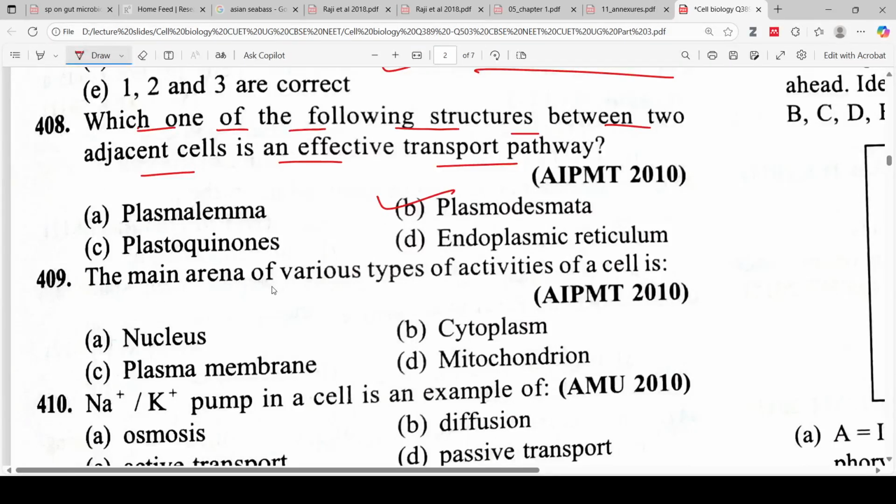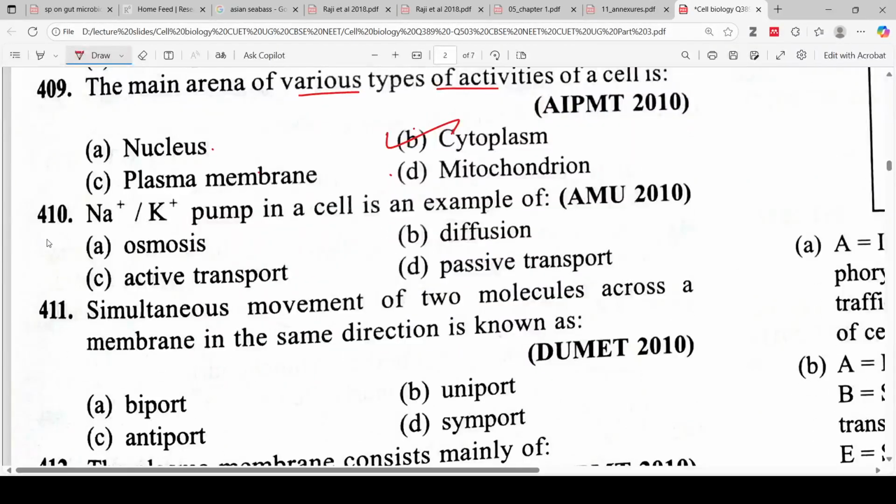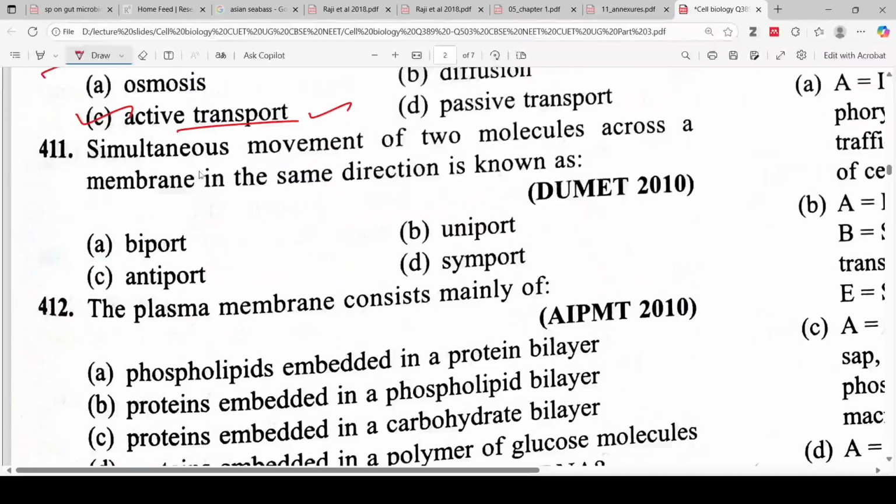The main arena of various types of activities of a cell is: nucleus, plasma membrane, cytoplasm, and mitochondria. So the correct answer is option B, cytoplasm. Next question: the sodium potassium pump in a cell is an example of active transport. Next question: simultaneous movement of two molecules across a membrane in the same direction is known as symport. So the correct answer is symport.